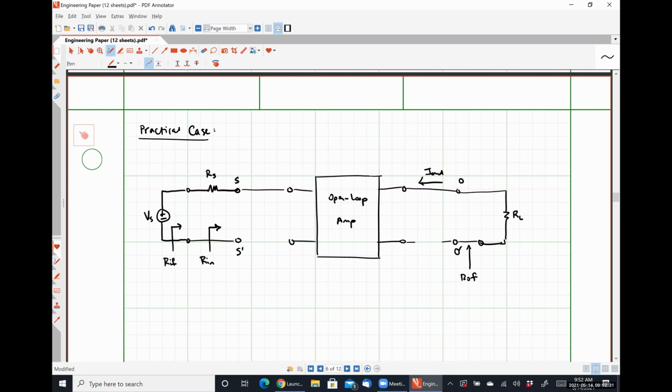I want to be clear here, I'm breaking this loop open, so I'm not looking for what's in parallel with that short circuit, because then obviously I would always just get an output resistance of 0, which is not remotely what we want for a system like this. This is not necessarily going to make our determination of our output resistances difficult per se, but we are going to need to pay attention to where we're breaking the loop.